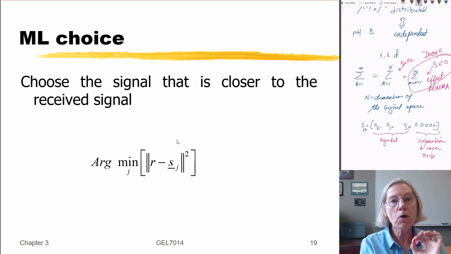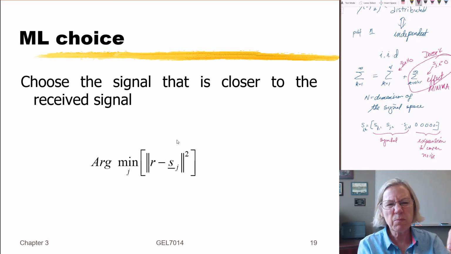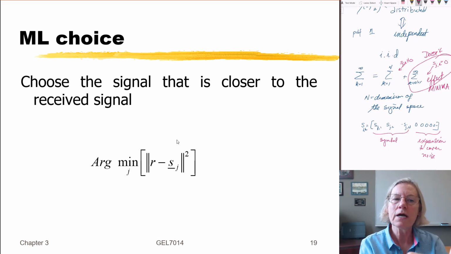The symbols which could be transmitted are points in this space. I look at the received signal in this signal space, and whichever point it happens to lie closest to is my maximum likelihood choice in detection.